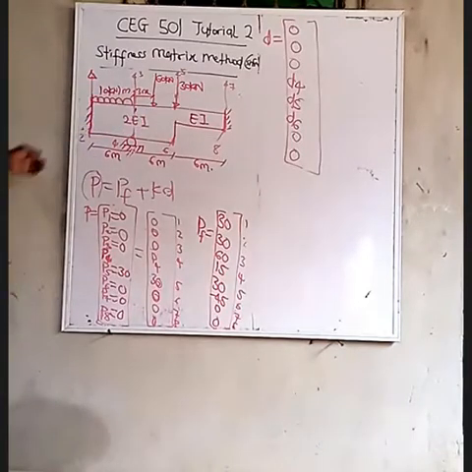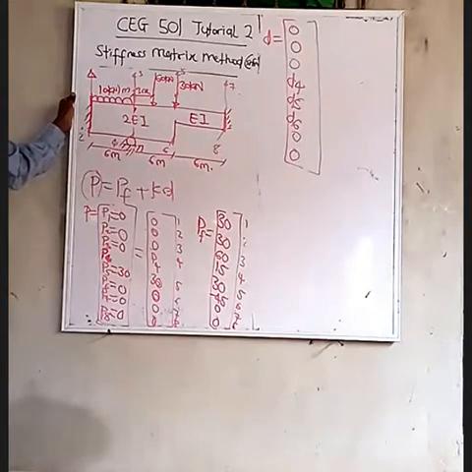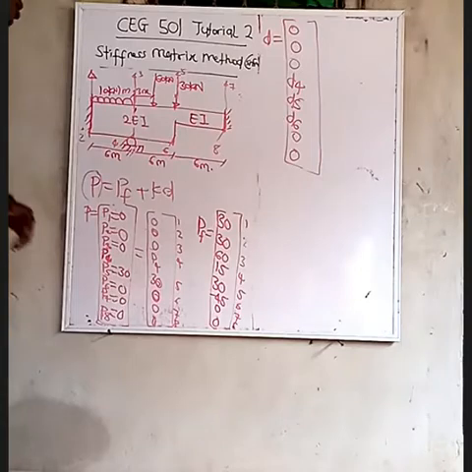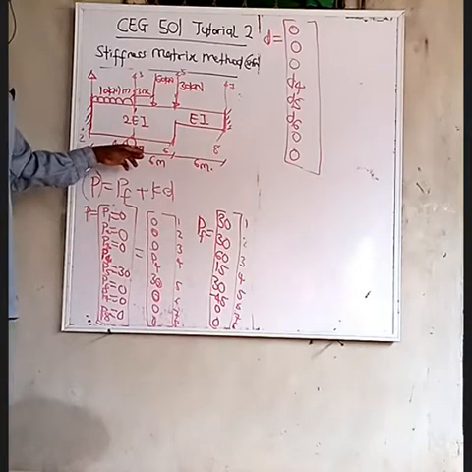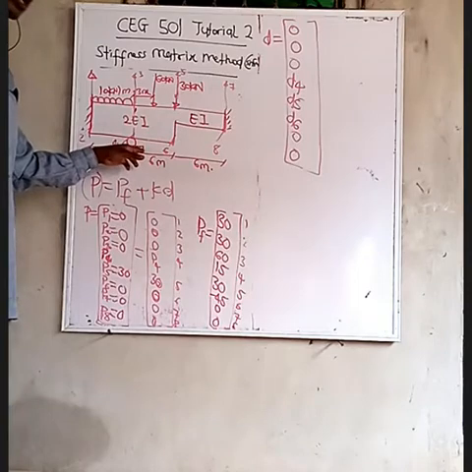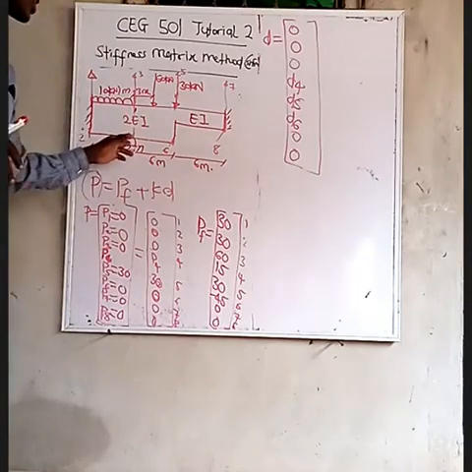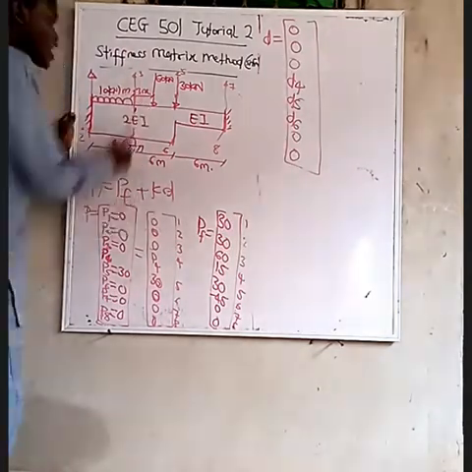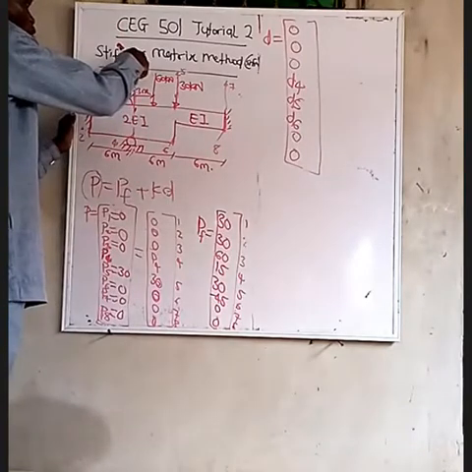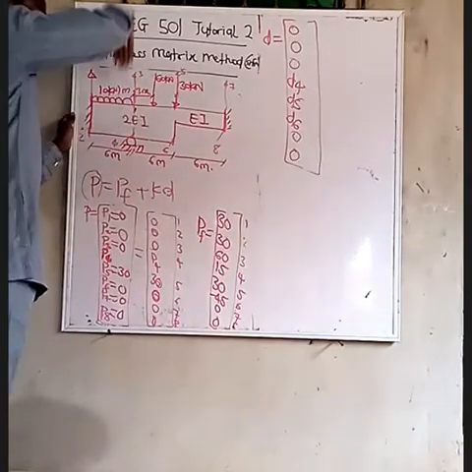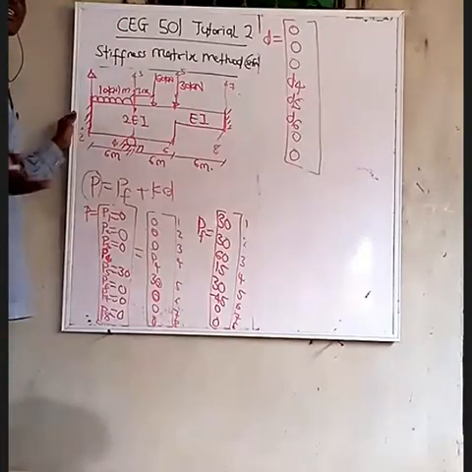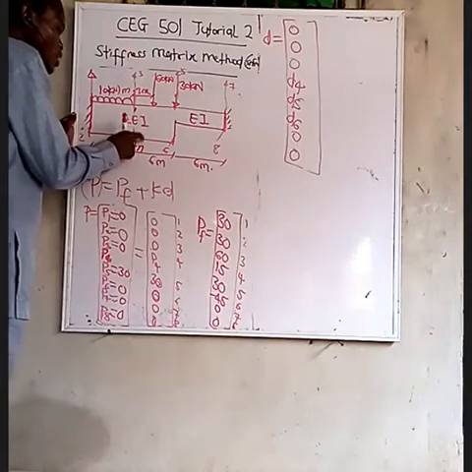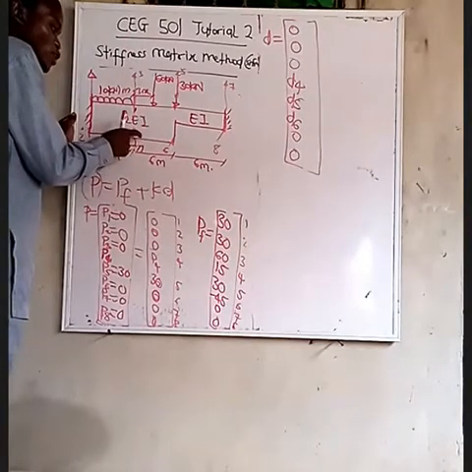D2 also, it is supported. It is fixed. You will try to apply a movement at that point, but because it is fixed, it will not be able to move. So it's not free in that direction. Do you understand? Now, coming to this point, we have a support there. And this support is restraining vertical motion, because if we try to push downwards or upwards, except they told us that there is a sink or a deflection, what we have here is going to be zero.